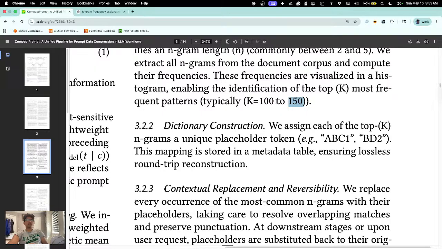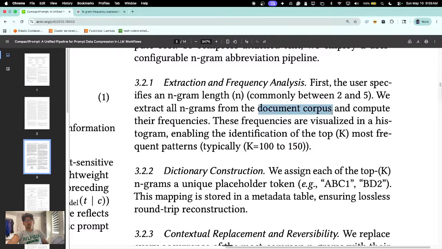Let's say k we define as 120, that means the top 120 of these n-gram patterns are the ones that are going to be abbreviated, and we know that these are the top k by computing their frequency within the document corpus, after extracting all of the n-gram instances.